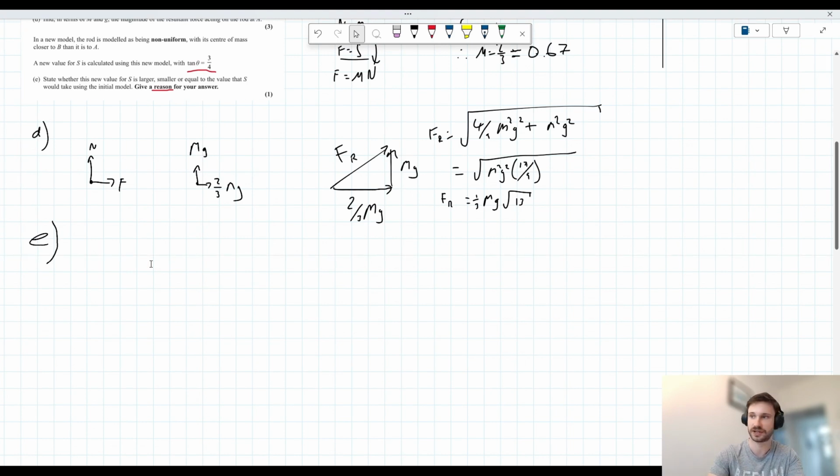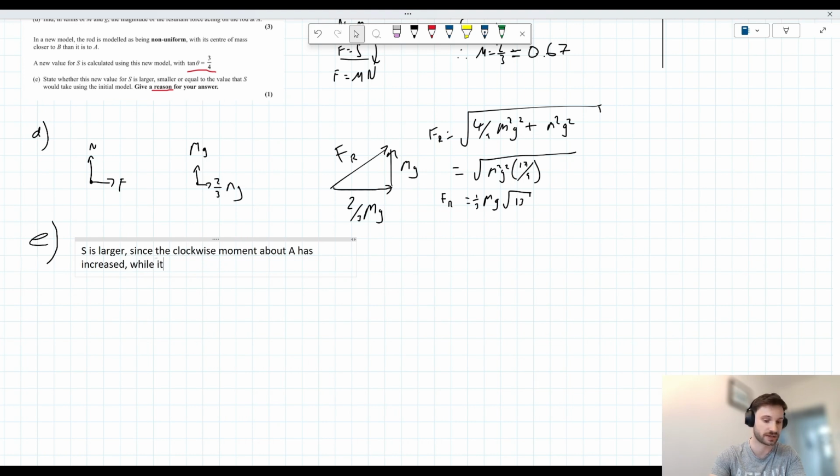So I'd say S is larger since the clockwise moment about A has increased, while its vertical distance from the point has remained constant. That's how I'd word it personally.